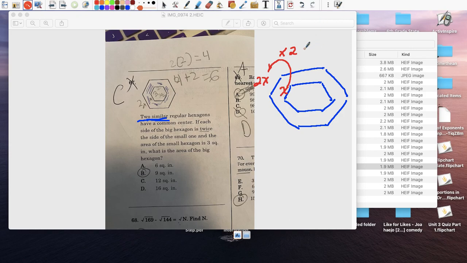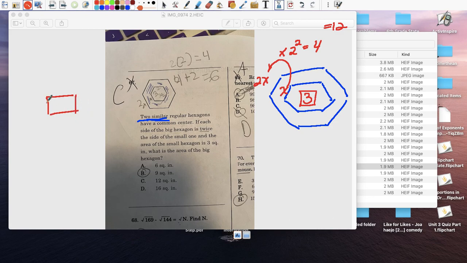It's to the second power. So take that 2, raise it to the second power, which is 4, and then multiply that by the area of the smaller hexagon, which we knew, and that gives you 12. And that's the answer.